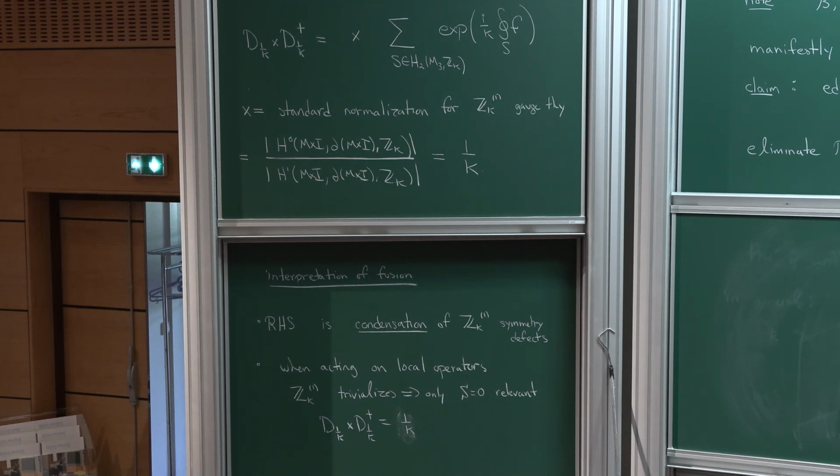Yeah. So somehow I'm telling you that just gives you this Z_k one-form gauge theory. Yeah. Partition function. But Z_k one-form gauge theory is the same as Z_k zero-form. It's a usual Z_k one-form, not... Yeah. It will be like a usual gauge theory with a torsion term.